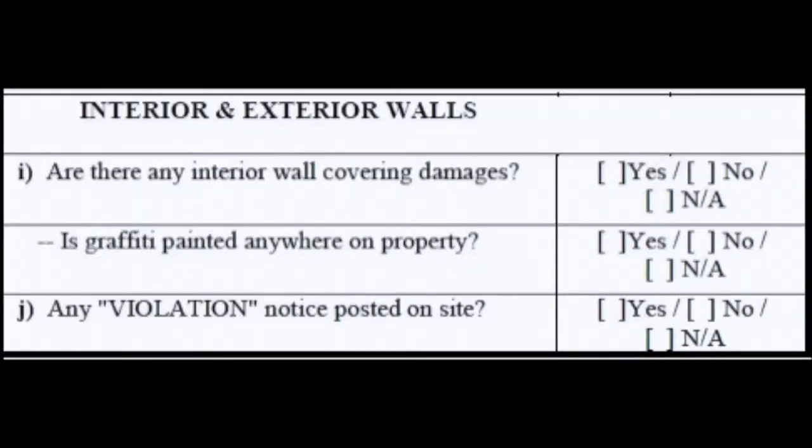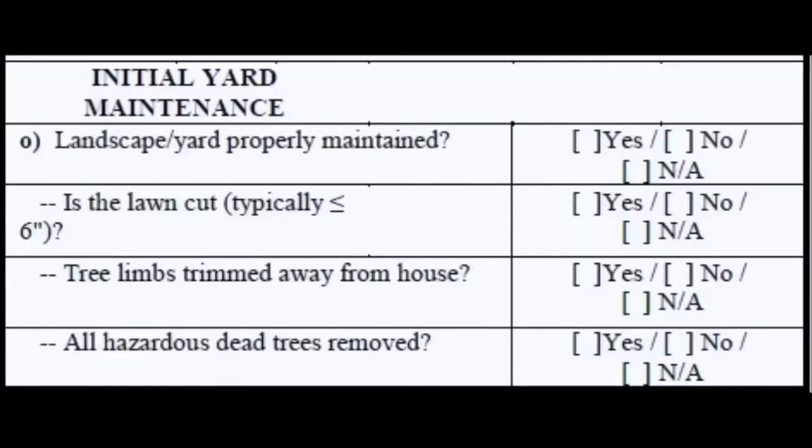In the section on interior and exterior walls, note any general damage to interior or exterior wall coverings, whether there's any graffiti present at the property or any violation notices posted. Under the section on initial yard maintenance, note whether it appears that the bank did a reasonable job of maintaining the yard.